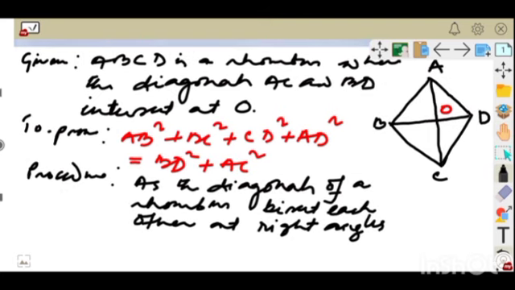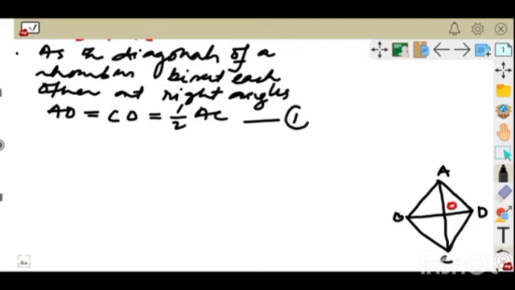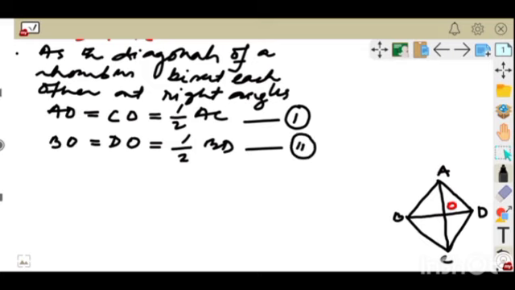We can tell here that AO equal to CO is equal to half of AC. Here I'll give you equation number 1. Second, you can write BO equal to OD, or DO, it's fine, equal to 1 by 2 of BD. And then I'll give you equation number 2.